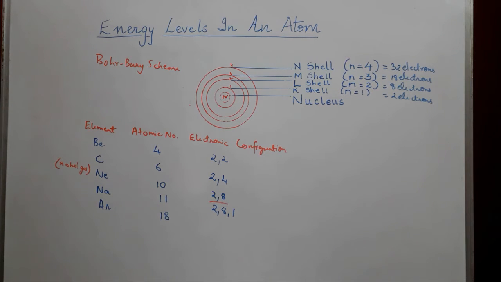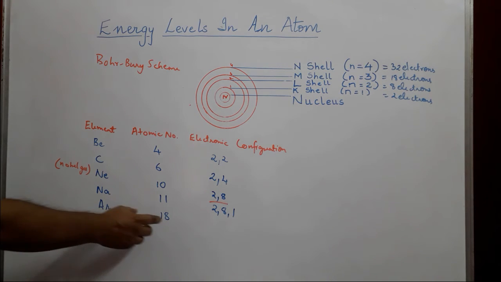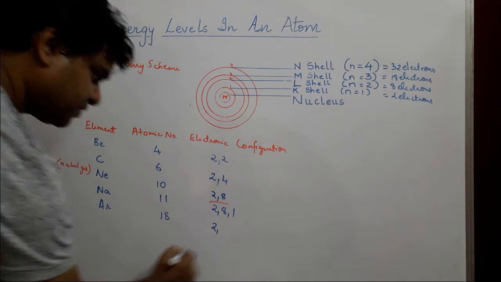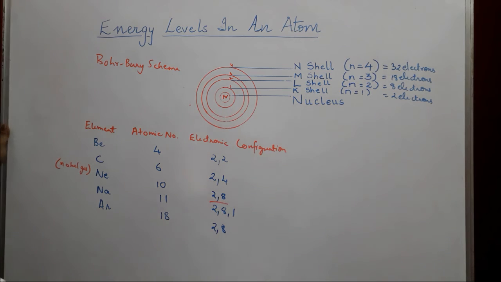The next example is argon, also a noble gas. All noble gases have a stable configuration, so argon will also have a stable configuration. But let's look at what the configuration of that is. It will be 2, 16 remains. We can put only 8 in the next shell.